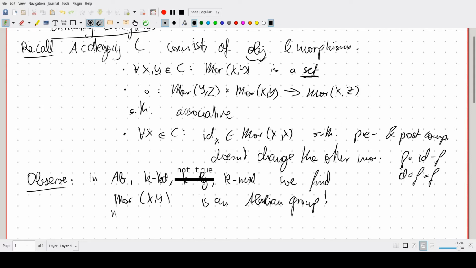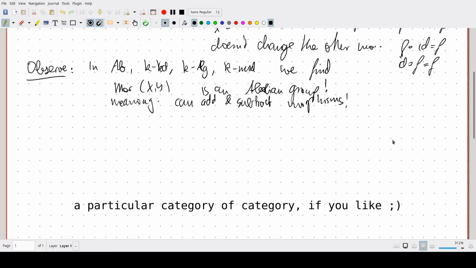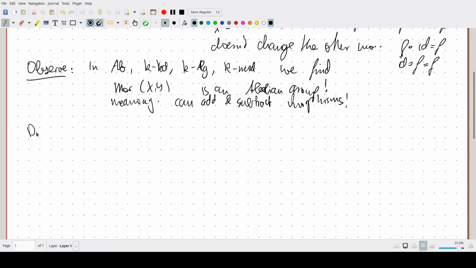Meaning that we can compose morphisms, but we can also add and subtract them. So it seems useful to define a particular kind of category, and that is what we are going to do.